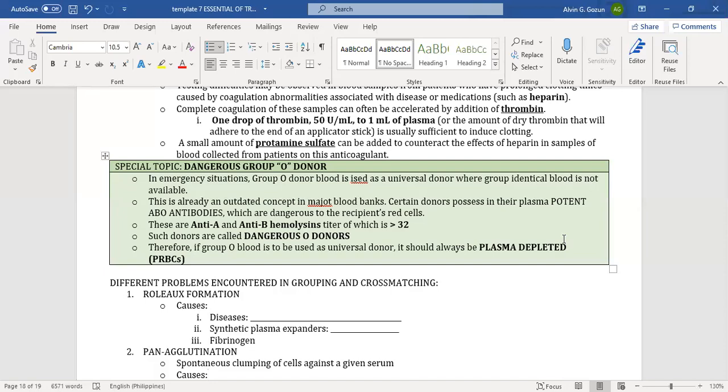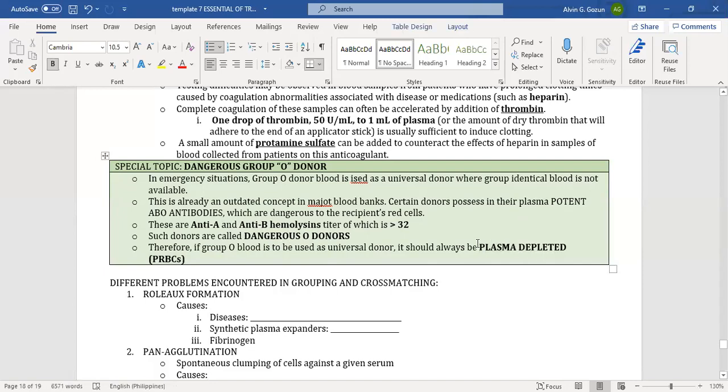Bakit? Meron kasi silang ABO antibodies such as anti-A and anti-B which are hemolysins. May titer sila more than 32 and such donors are called dangerous O donors. Therefore, if group O blood is to be used as universal donor, it should always be plasma depleted.